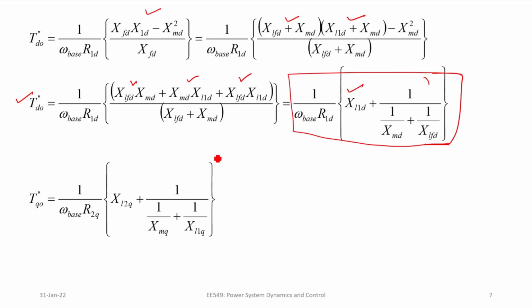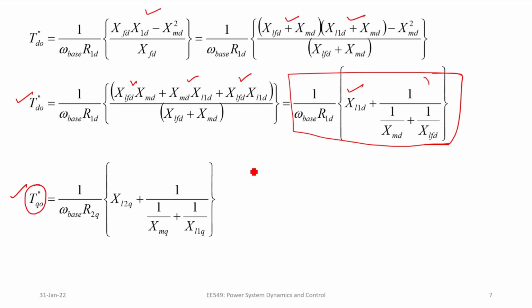Okay. So now similarly, considering the q-axis voltage and flux linkage equations, I can derive the open circuit q-axis subtransient time constant, and that will be equal to 1 by omega base R2Q into XL2Q plus 1 upon (1 upon XMQ plus 1 upon XL1Q). Right?